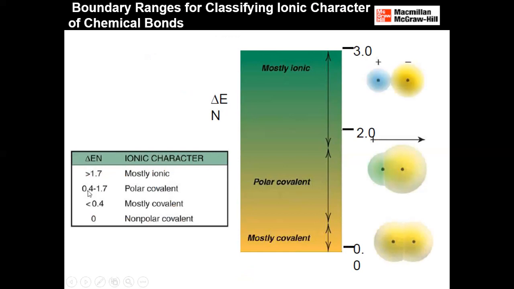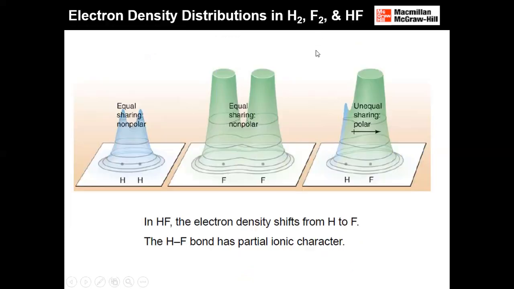Some sources suggest between 0.4 to 1.7, but it's almost average, to 3 or more. So this is the electron density distribution, the comparison between pure non-polar and polar.